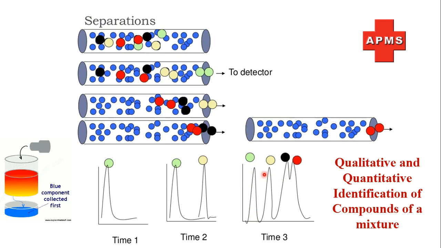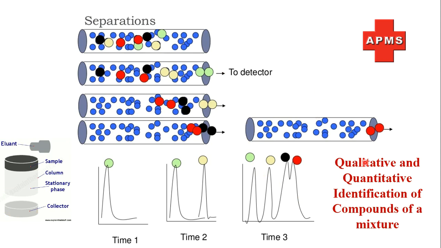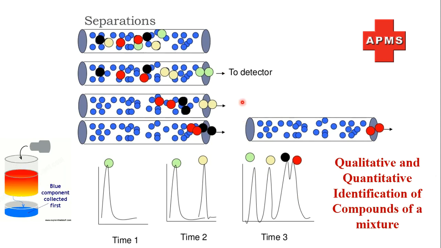So this is the very basic principle of estimation or identification of a sample mixture, where both qualitative and quantitative measurements could be done using gas liquid chromatography, GLC or GC.